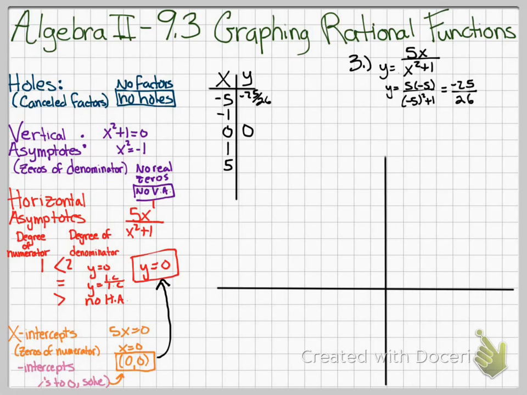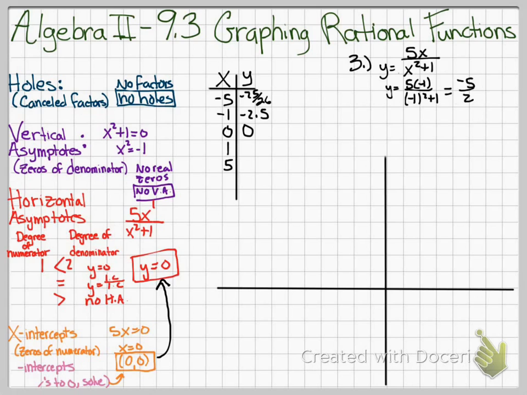So now let's see if we try plugging in our negative 1. Well, our 5 times negative 1 is negative 5, and negative 1 squared plus 1 is going to be 2. So this is going to be negative 5 halves, which is also negative 2.5.